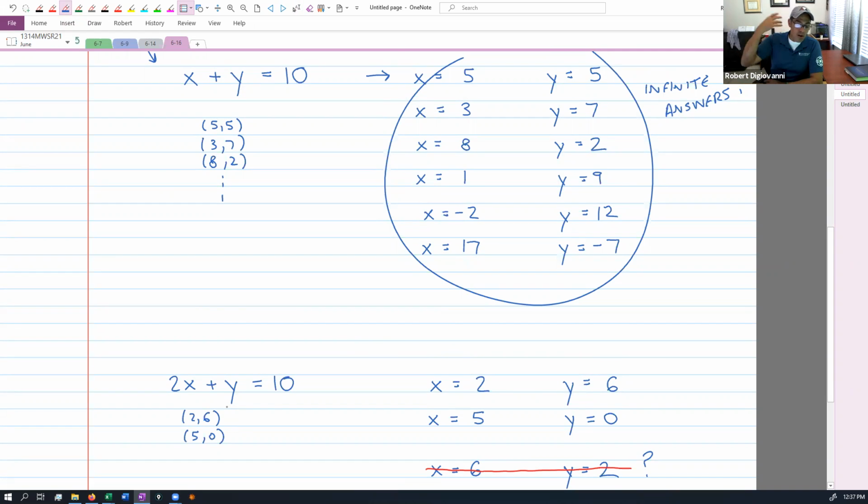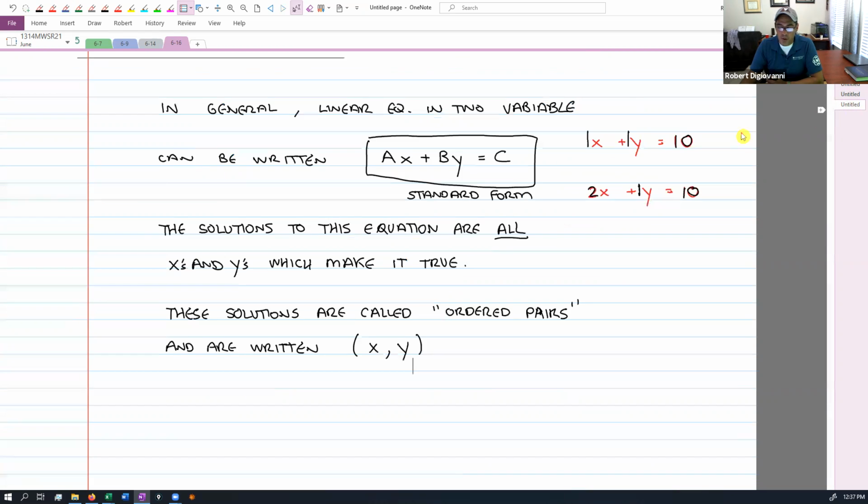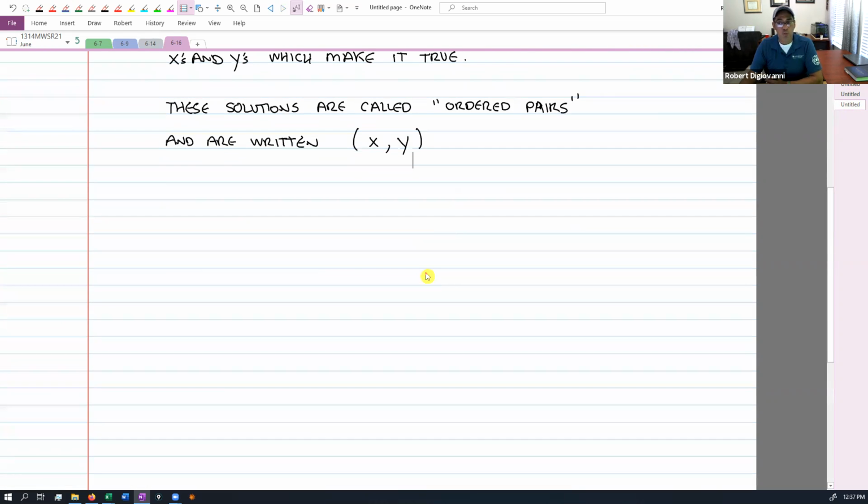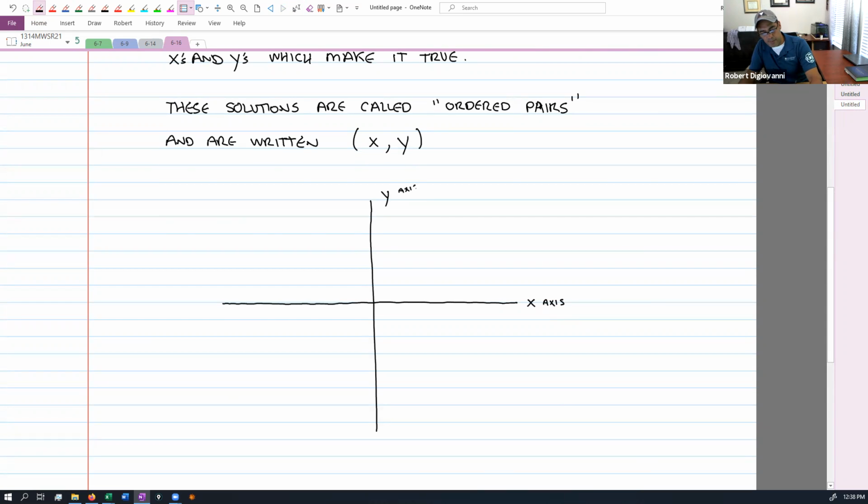Now, since there are an infinite number of answers, we try to see if there's a way we can visualize all of these answers. Is there a way we can visually see these answers? To do it, we bring in the XY plane. I know most of you have seen this. We draw a big T or a big cross like this, and we call this the X-axis. We call this the Y-axis.